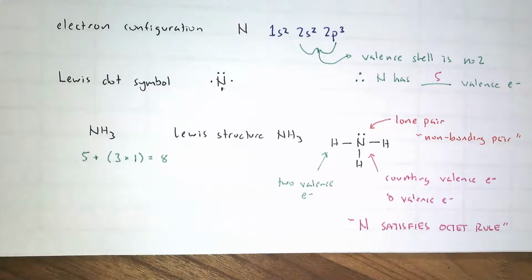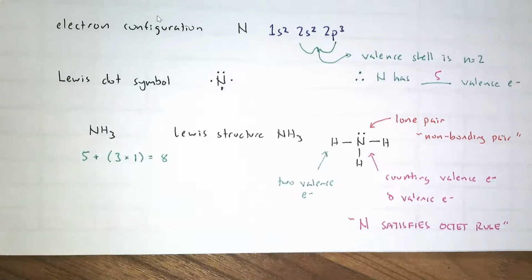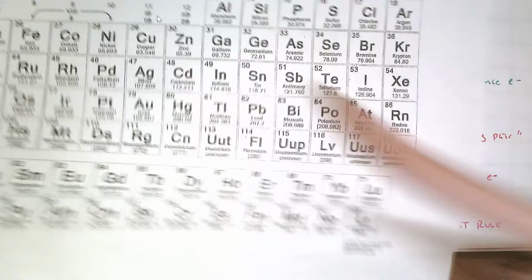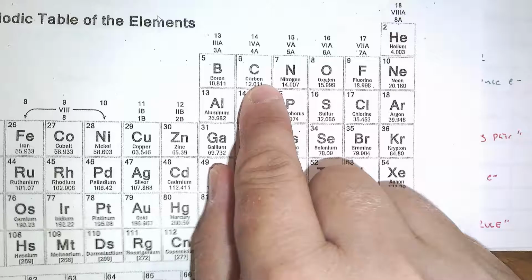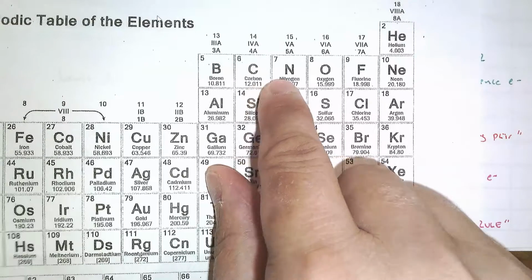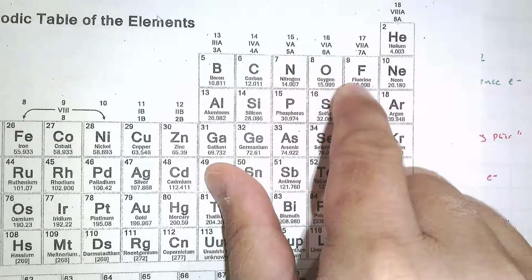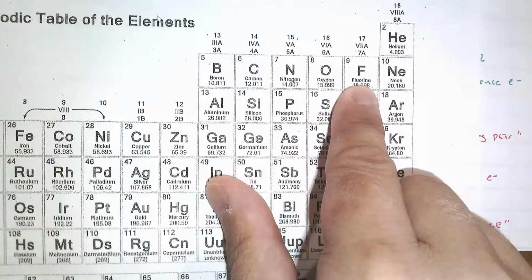Let me just make sure before I move on to the next page, since we're looking at covalent bonds. We've looked at bonding for carbon, and we've looked at bonding for nitrogen. We're going to keep going down period 2, and we're going to look at bonding of oxygen and fluorine as well.